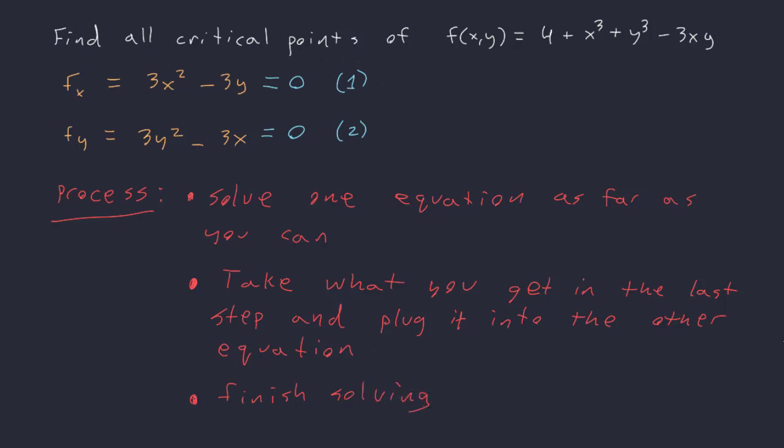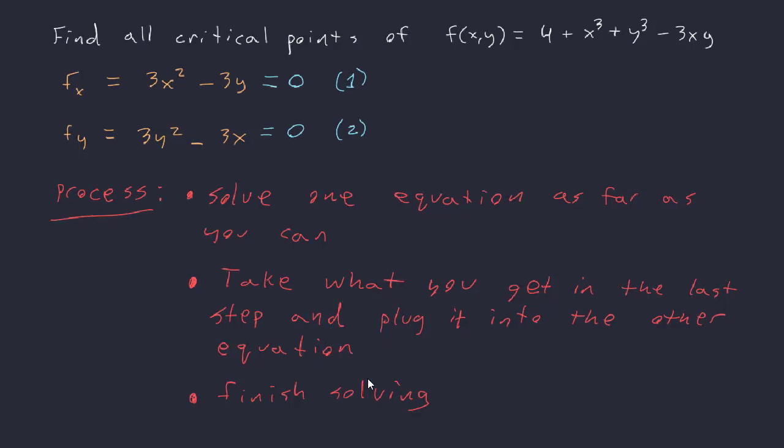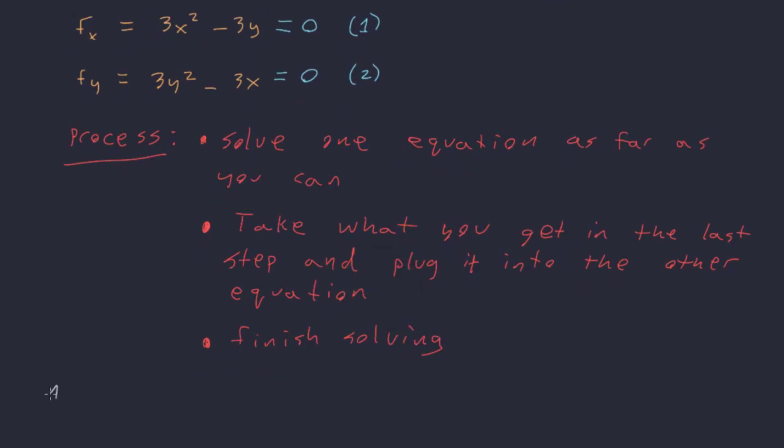Okay, so I'm going to start with equation 1 and start to solve it, right? So equation 1 is 3x squared minus 3y is equal to 0. Well, the best I can do is maybe move the 3y over to get 3x squared is equal to 3y.